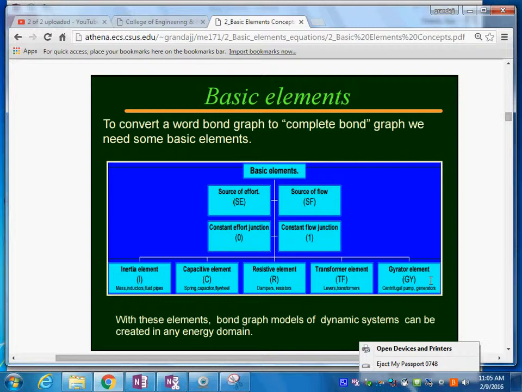That's why it's also called a cross transformer. What do I mean by this? In an electric motor, for example, the voltage is related to how fast the motor turns. The more voltage, the faster it goes.